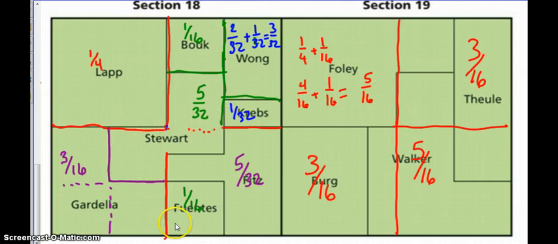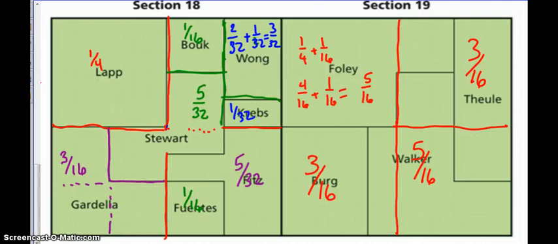And so we also had number sentences. And in our number sentences, we made sure that our fractions were equivalent. So in this one, 4/16 plus 1/16, we changed 1/4 to 4/16 because when we add or subtract fractions, we have to have denominators that are the same. We have to have what we call a common denominator.